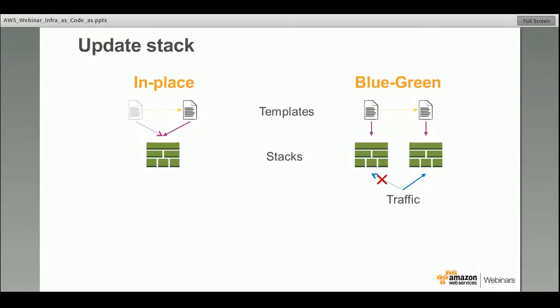So for example, let's say you want to change the instance type from one type to another in a running stack. You can make that change in a template, and using that updated template, you can call update stack. There is a CloudFormation API called update stack, and you call that API, and CloudFormation will take care of figuring out what's the delta between the old template and the new template, and making that incremental change to your stack.